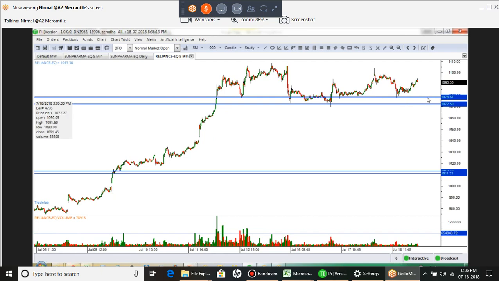You cannot short this level. It will have to come down from this level, stay here. Next time it goes up, it will get shorted from this level and come down, closer to this level. So a 60, 70 rupees move can happen. But for that, the most important thing is that with a breakout, the price has to come down.